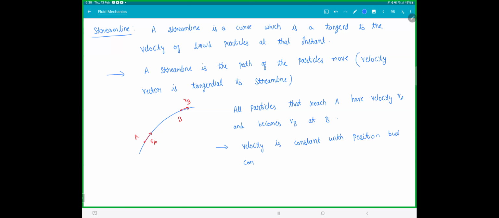This is just like that steady flow which I taught you in heat transfer. A collection of streamlines is called a streamline flow. I'll show you how it looks. If you take multiple streamlines, it's called a streamline flow.